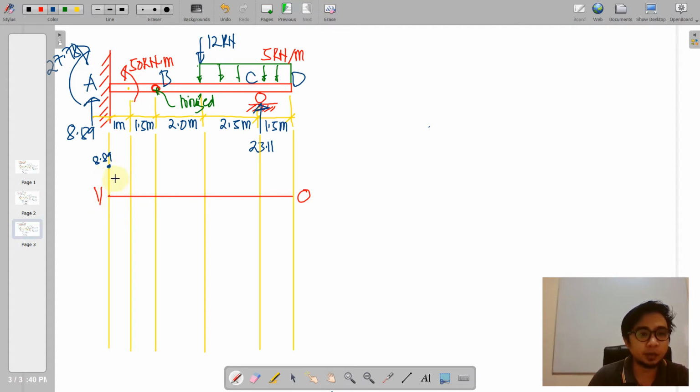And then we're going to proceed rightwards, and we have no concentrated load or any distributed load from A to B, only the couple. And remember, the couple has no effect on our shear diagram. And so from that point, it will remain to be 8.89 up to that point.